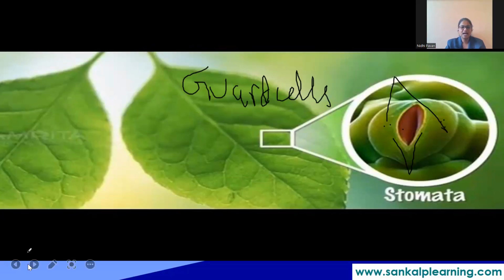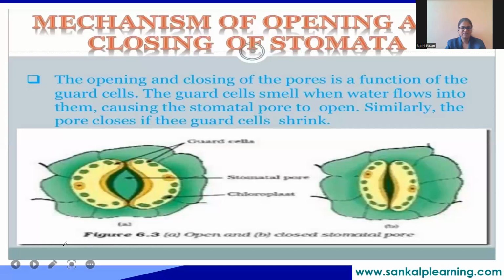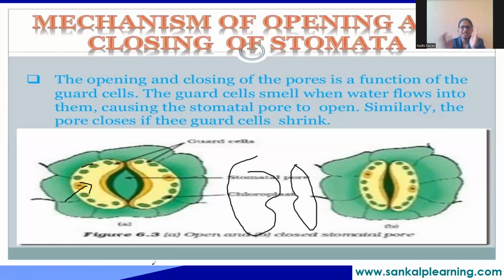So when these guard cells get water, they swell. They will bulge. Suppose this is a guard cell with no water. Now they are absorbing water, so they are becoming big, or swelling. When they swell, the pore in the middle opens.